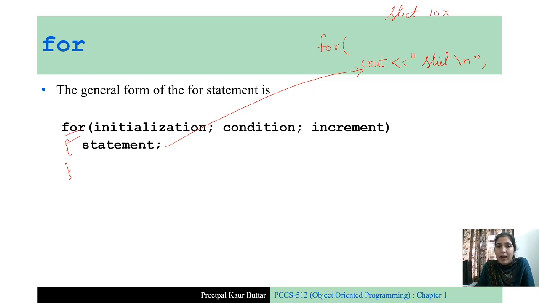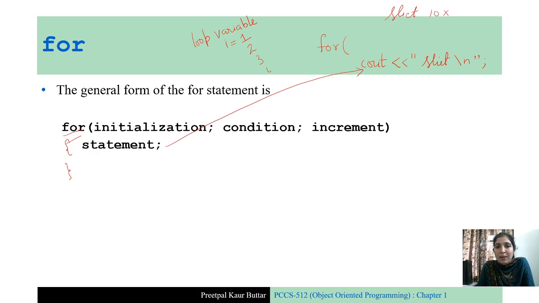The for loop has a special variable which is called loop control variable or simply loop variable, which controls this loop. It is the variable which is initialized to some value. Suppose initially the value is 1, and then it repeatedly changes its value.